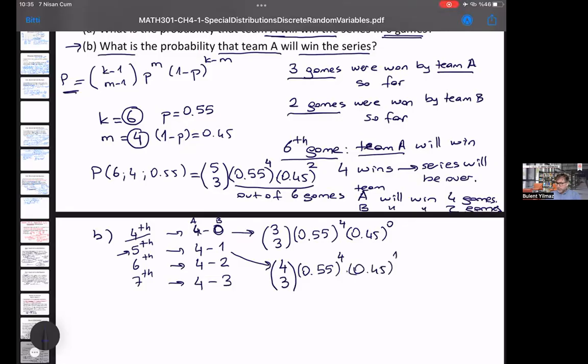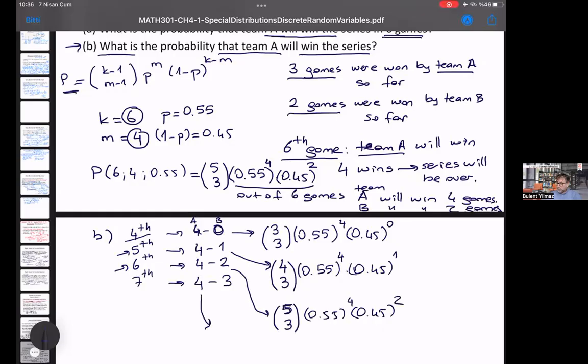Is that clear, guys? For this one, this is the 6th game, so until that point, I played 5 games and won 3 of them, and then totally I will be winning 4 and losing 2.